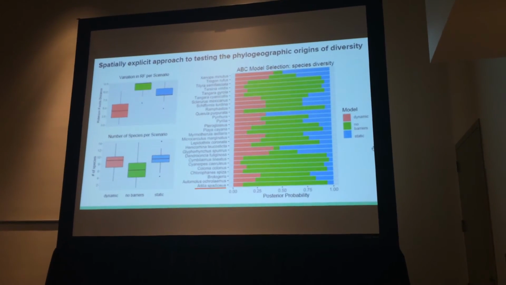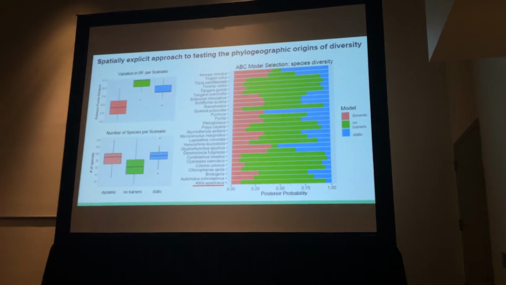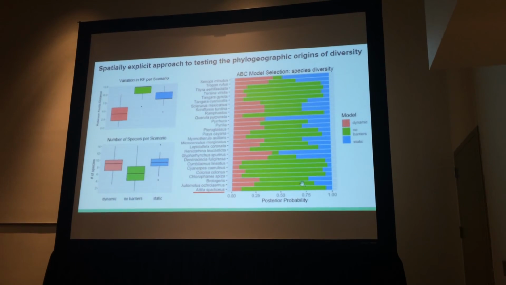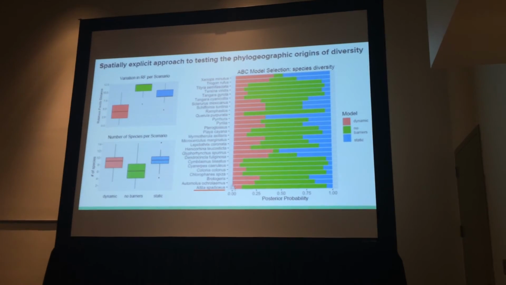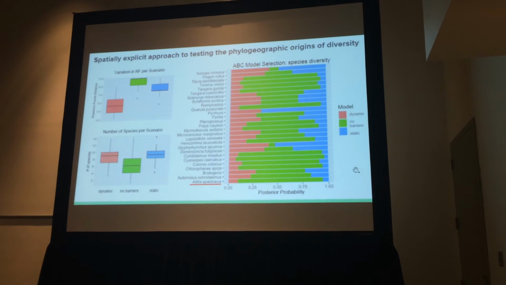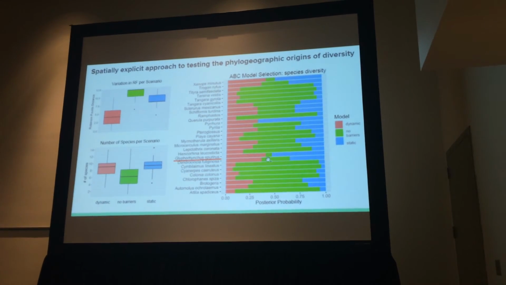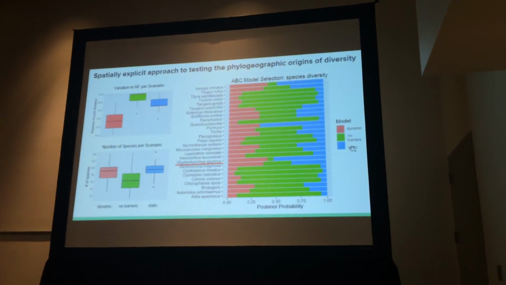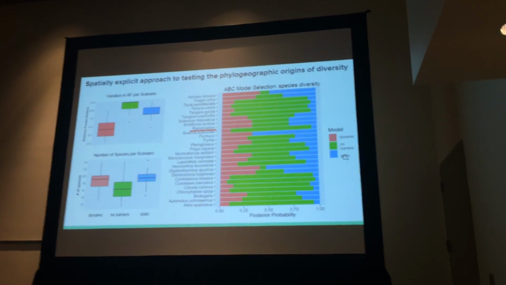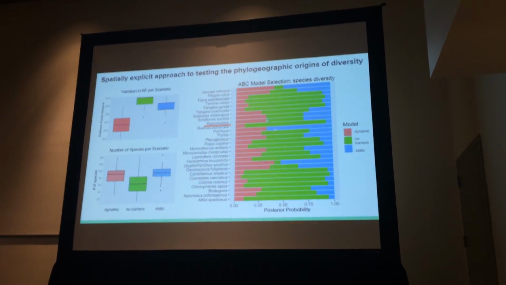For some species, such as Attila, which I've underlined at the bottom, based on these posterior probabilities, we would reject the dynamic and static models. Whereas for other species, such as Glyphorhynchus, based on the probability, we would reject the null model. And for others yet, all 3 models are equally likely.